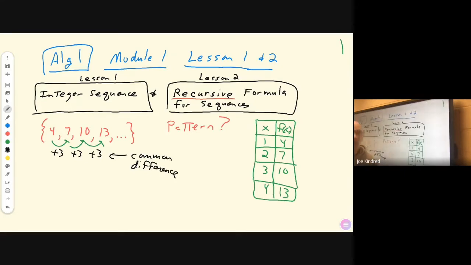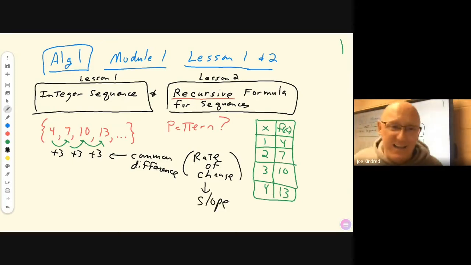It's also known as the rate of change, which is also known as the slope of a line. This allows us to determine what the pattern is and to determine a few other things that you're going to see in a second. It allows us to write an equation or a formula for this sequence.